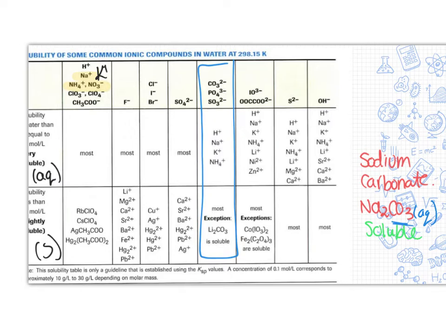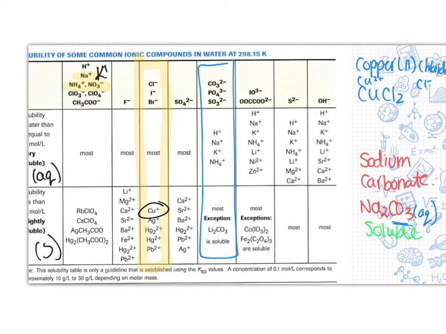Let's take a look at E there, copper 2 chloride. So copper 2 chloride is CuCl2 because we have Cu2 plus and Cl minus. So looking in the Cl minus column, we can see that there is copper, but this is copper 1 plus that is insoluble.